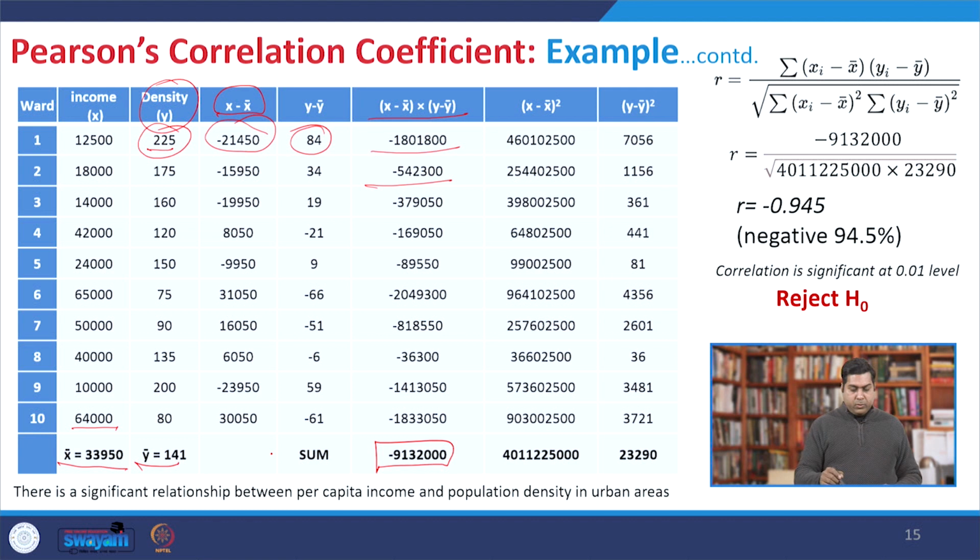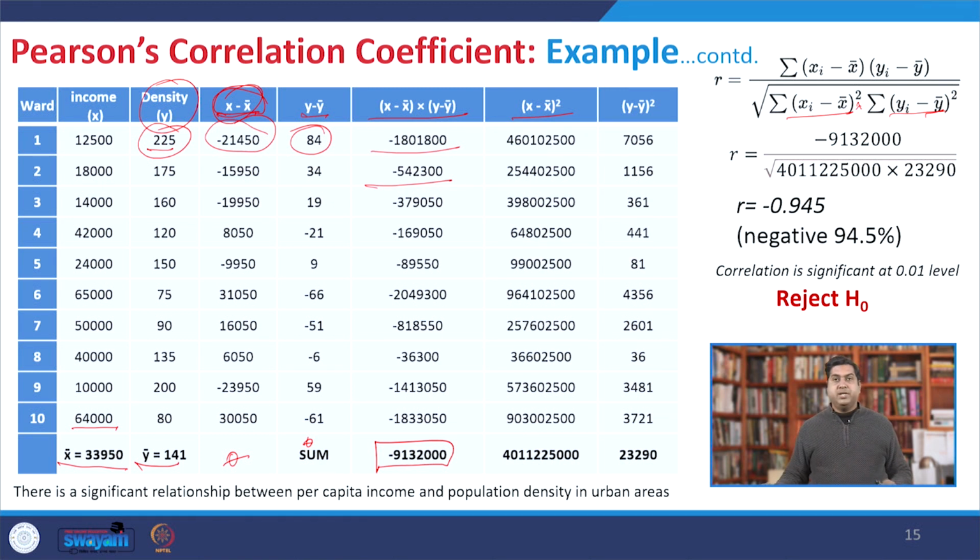If you take the sum total of just these differences, again it will be 0, so we do not require it. Then for the denominator, you have to calculate (x minus x bar) squared, and also (y minus y bar) squared, and then you take the product of these.